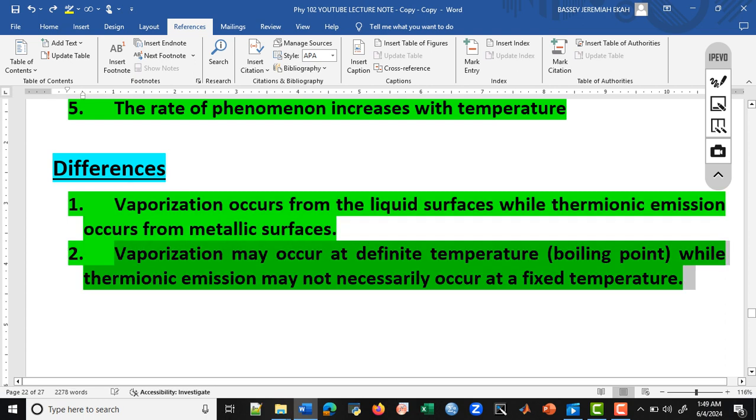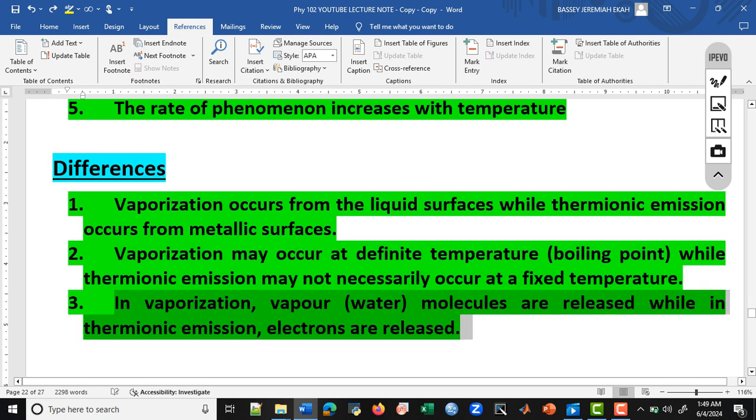The next point is that vapor may occur at a definite temperature, which is the boiling point, while thermionic emission may not necessarily occur at a fixed temperature. Another point is that in vaporization, vapor of water molecules are released, while in thermionic emission, electrons are released.